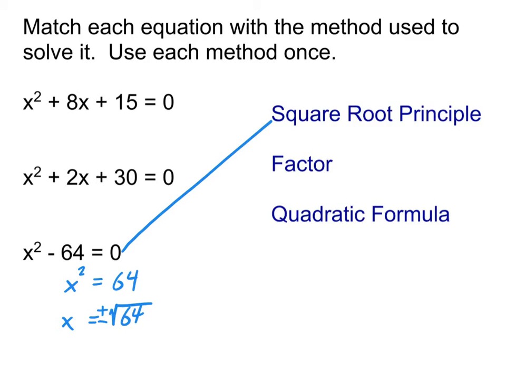We don't have to do a times c to use the grouping method or anything like that. All we have to do is figure out what two numbers add to the middle number and multiply to the last number. So I look to see, is there such a combination for this? Are there two numbers that add to 8 and multiply to 15? Yeah, 5 and 3.